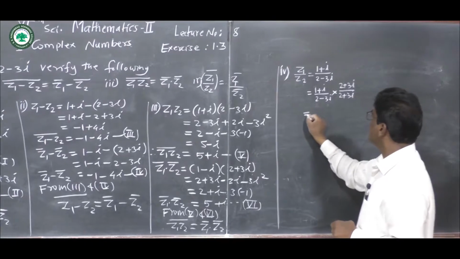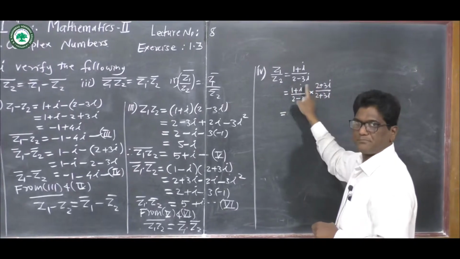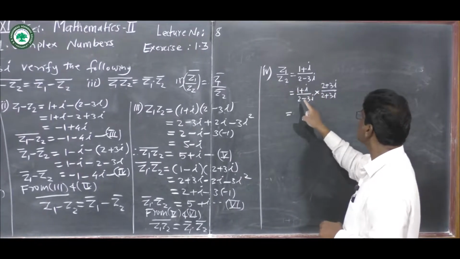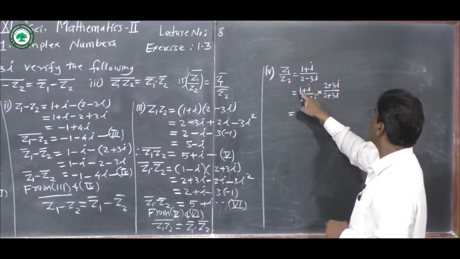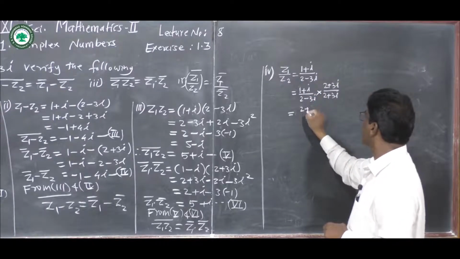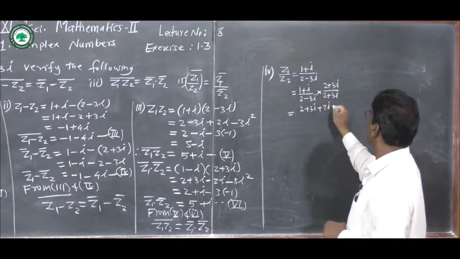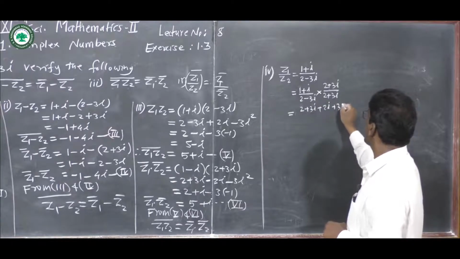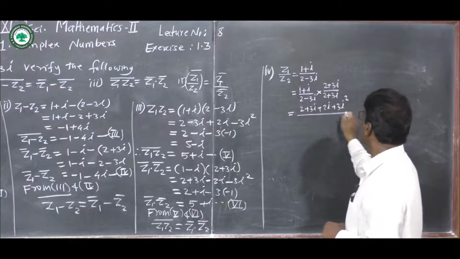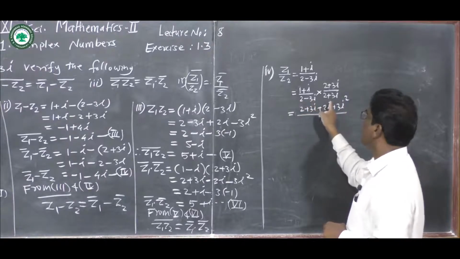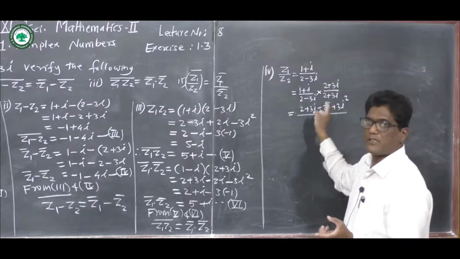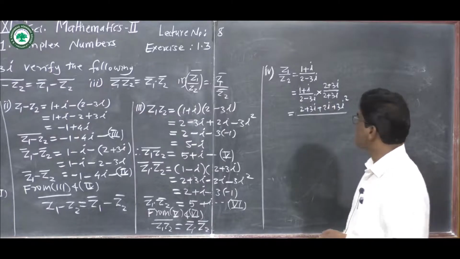Now take the product of the numerator. 1 into 2 plus 3i, that is 2 plus 3i. Then multiply by i, so plus 2i, and plus 3i square. Divided by the product of these conjugates, using the formula a minus b into a plus b, that is a square minus b square.